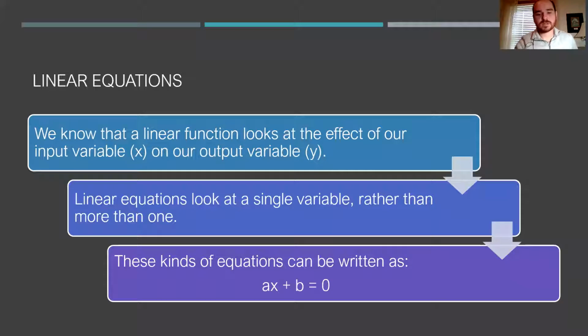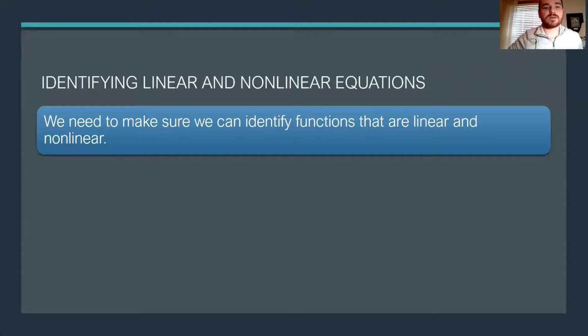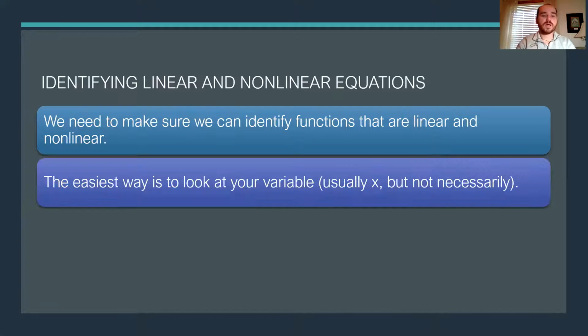So we'll talk about identifying linear and nonlinear equations. Before we can start solving these, or at least before we can determine that they are linear equations, we need to be able to identify linear and nonlinear equations. The easiest way to do this is to look at your variable. Usually that's going to be an x, but you can have an a, b, whatever.